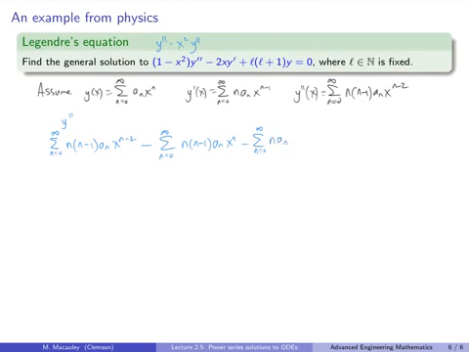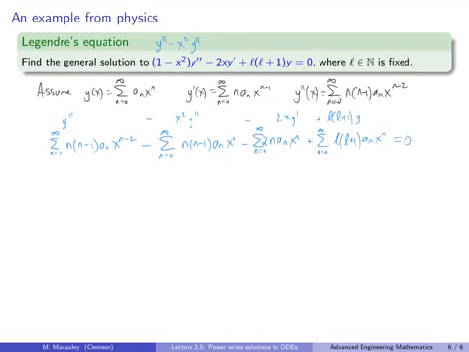I almost forgot my 2. And then plus this last term. So this is minus x squared y double prime, this is minus 2xy prime, and this is plus l(l+1) times y. So this is the sum from n equals 0 to infinity of l(l+1) a_n x^n, equals 0.